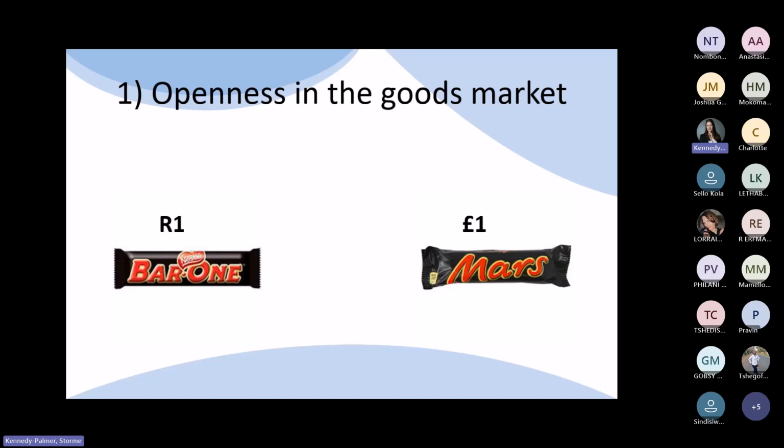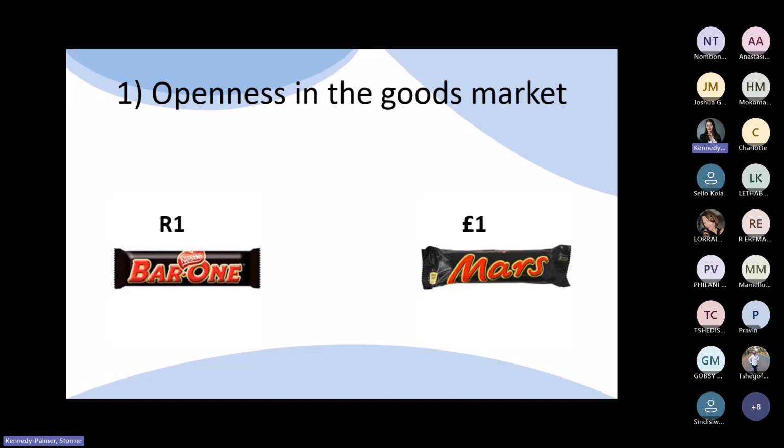Okay, so say, for example, you go to the shops to buy chocolate. You like the South African-made Bar One exactly the same as the British-made Mars bar. Which one do you buy? If your preferences are identical and they weigh the same, then you would choose the cheaper option rationally.